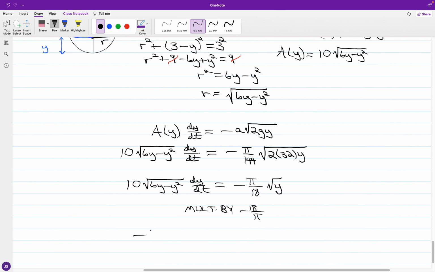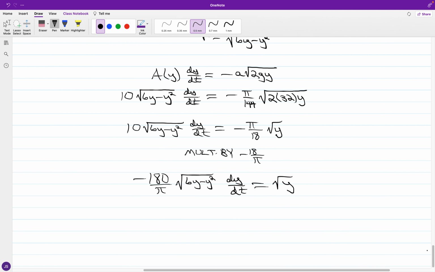on the left we have negative 180 over pi times the square root of 6y minus y squared dy over dt is equal to the square root of y. And separating the variables, we have in the process dividing by the square root of y and multiplying by dt.